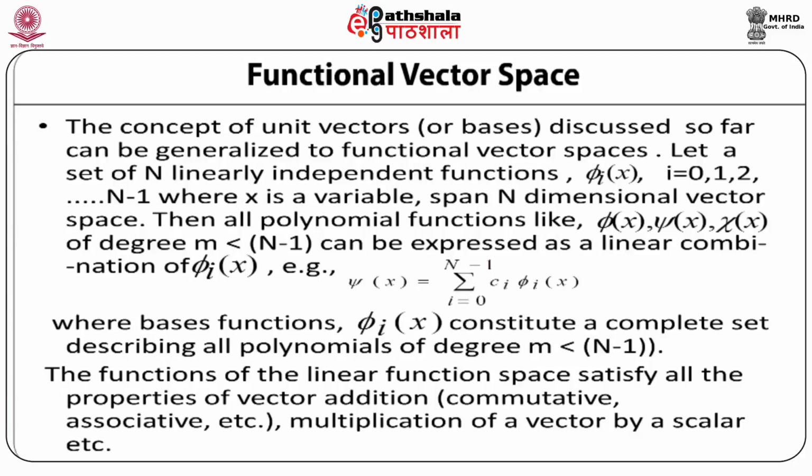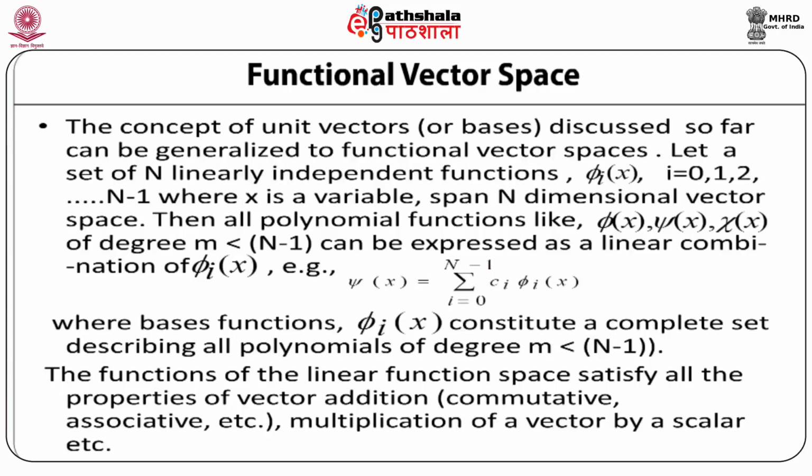Then we also have the null identity. That means that if we have a function phi(x) and a null vector 0, then we have 0 plus phi(x) is equal to phi(x) plus 0 is equal to phi(x). We also have that these functions satisfy the multiplication of vector by a scalar, which means that they are distributive.